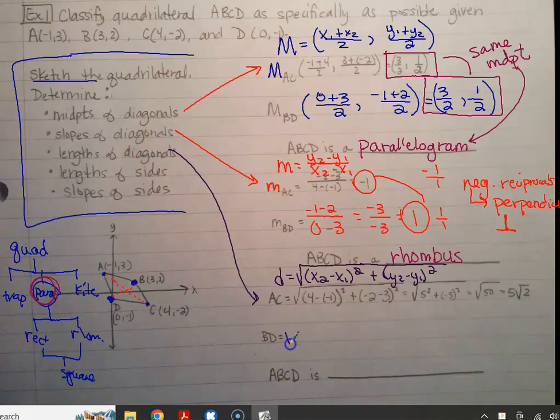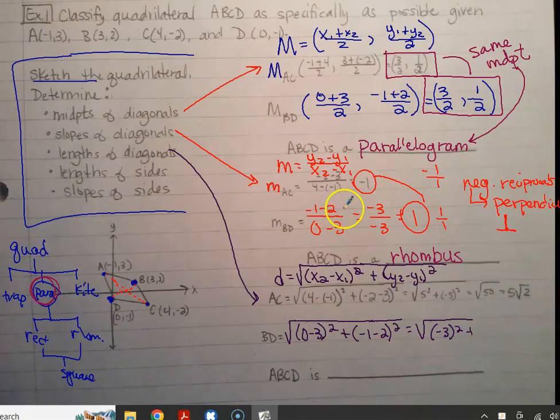So the distance of BD is going to be the square root of 0 minus 3 squared plus negative 1 minus 2 squared, which you already did all the math on, right? 0 minus 3 was negative 3, so this is negative 3 squared plus negative 1 minus 2, which is negative 3 again.